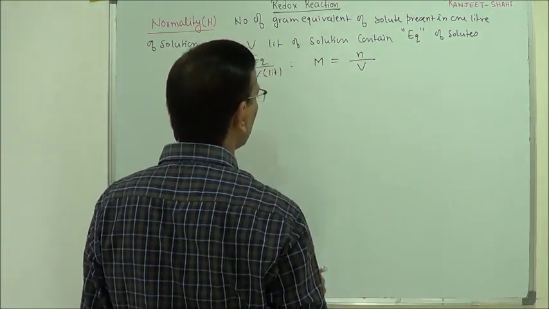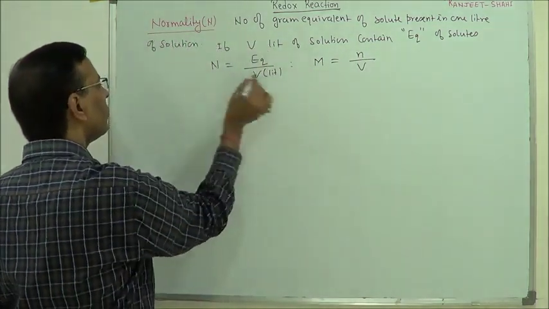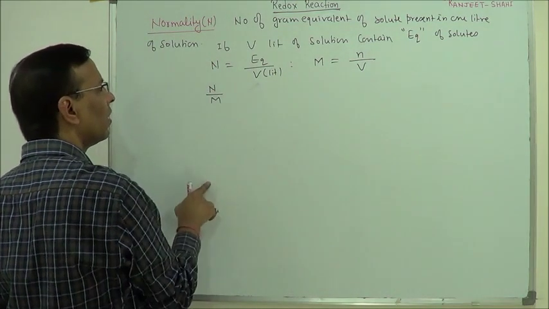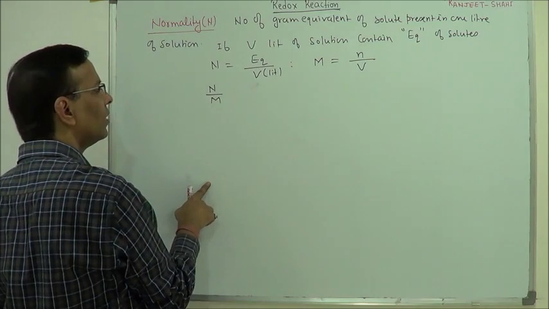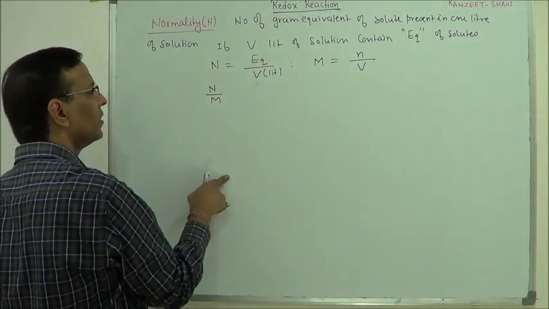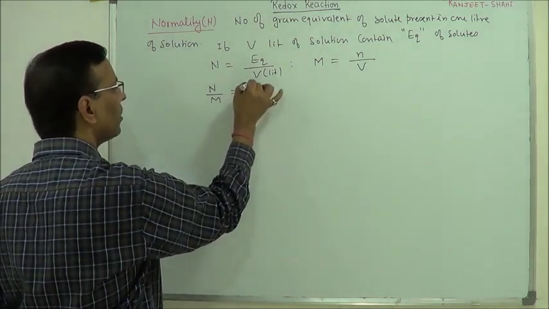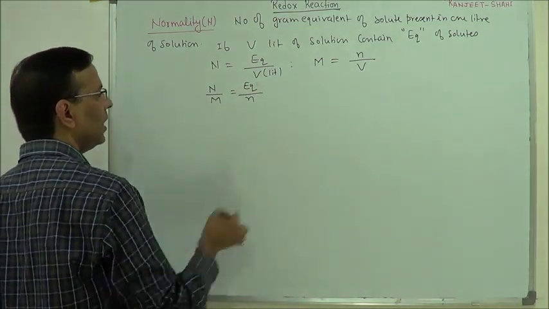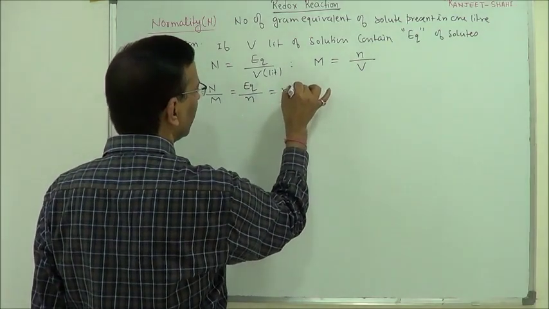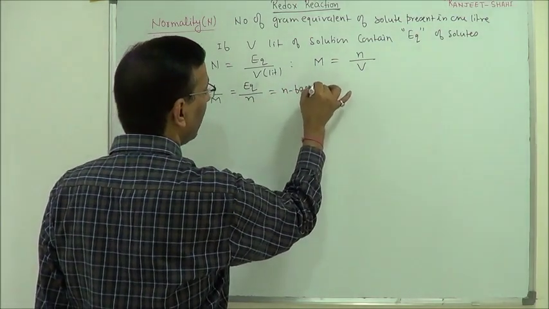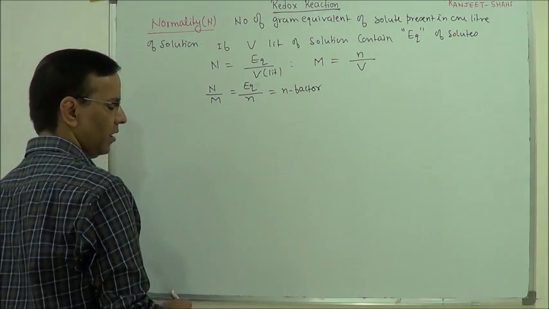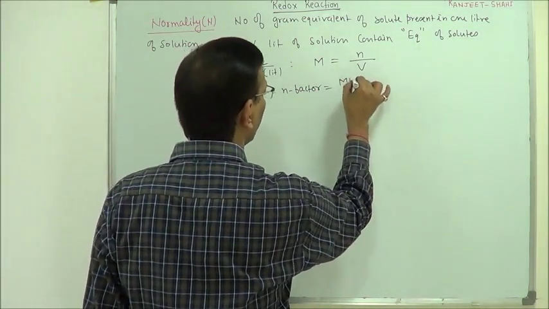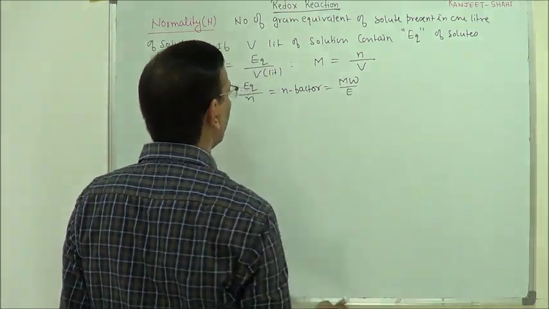And if we want to relate this to normality, normality divided by molarity will be equal to, volume will cancel off, the number of gram equivalents divided by the number of moles, and it is nothing but the n factor we have just defined, which is also molecular weight upon equivalent weight.